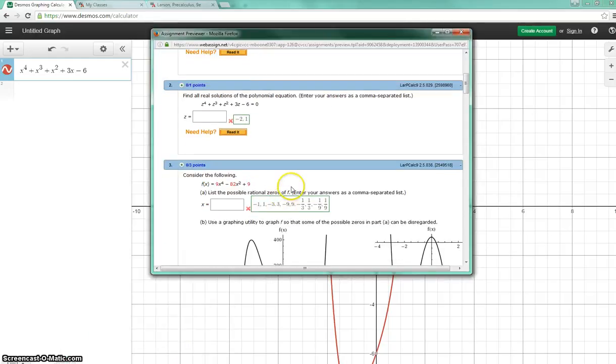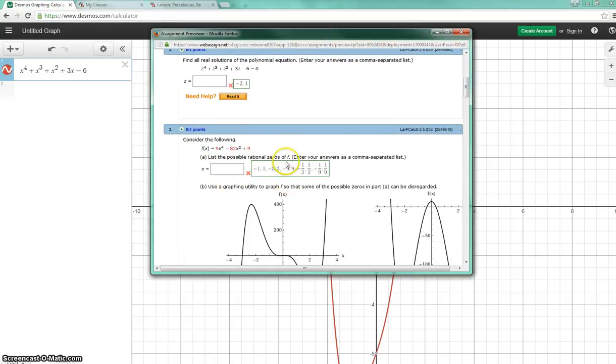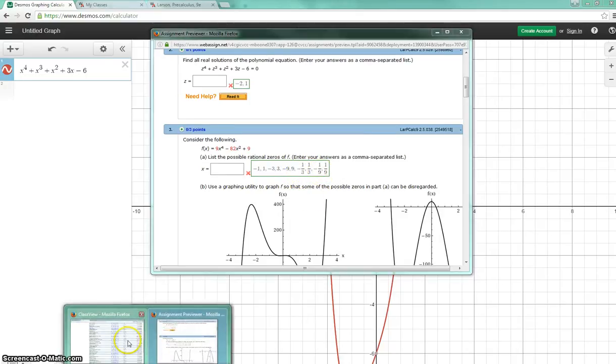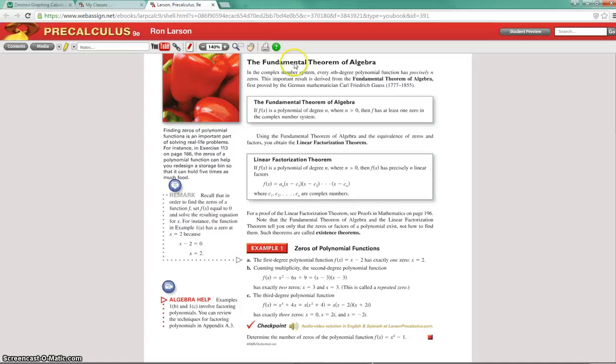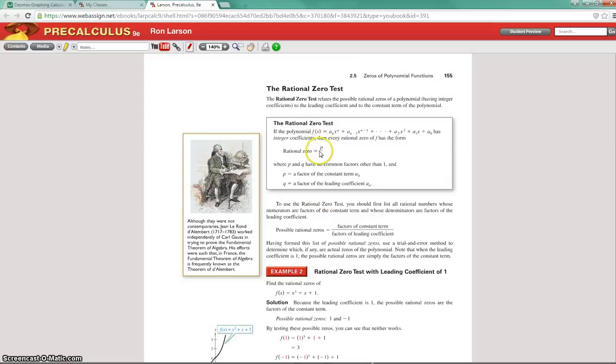When I get to something like number 3, list all the possible rational zeros of f, that doesn't mean that these are solutions, they're just possible. And in the text, they talk about these on page 155. So these are your possible rational zeros.